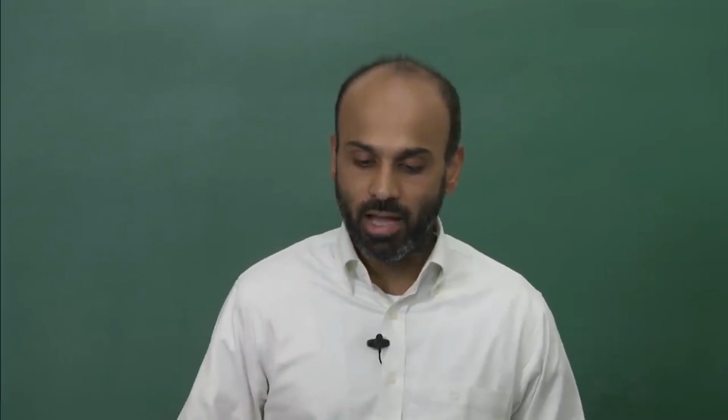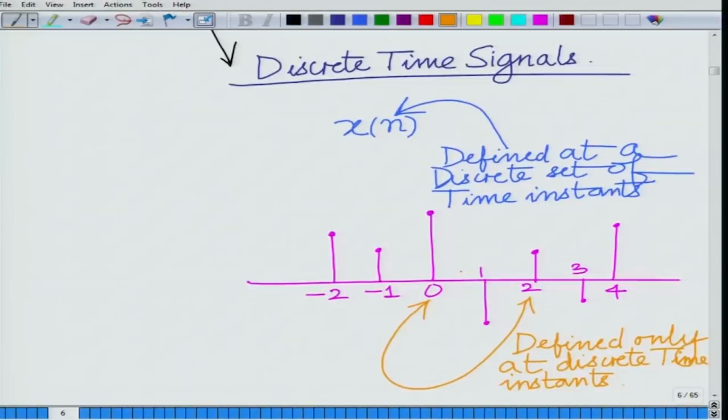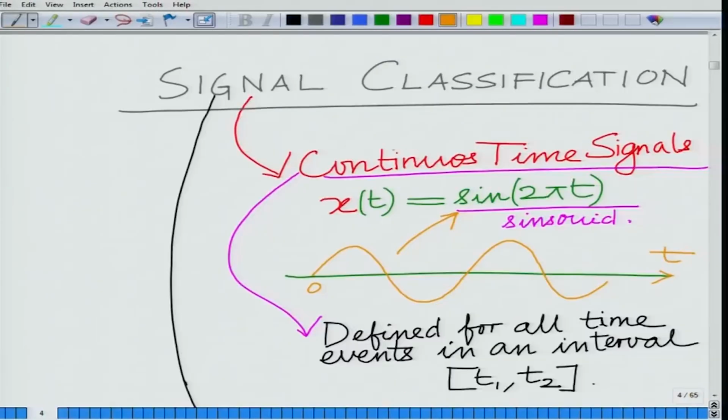So, examples of such continuous time systems would be your conventional systems such as FM radio, TV broadcast, etc., or even conventional telephony, such as your PSTN.